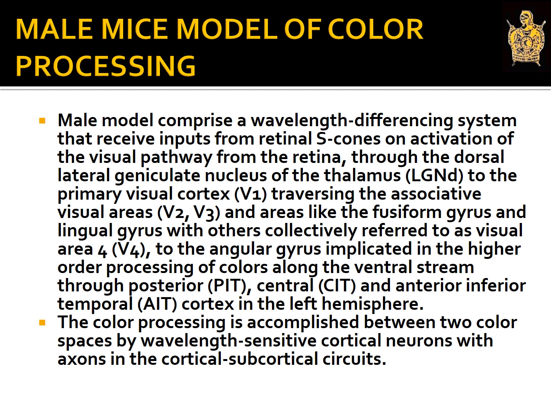The color processing is accomplished between two color spaces by wavelength sensitive cortical neurons with axons in the cortical subcortical circuits.